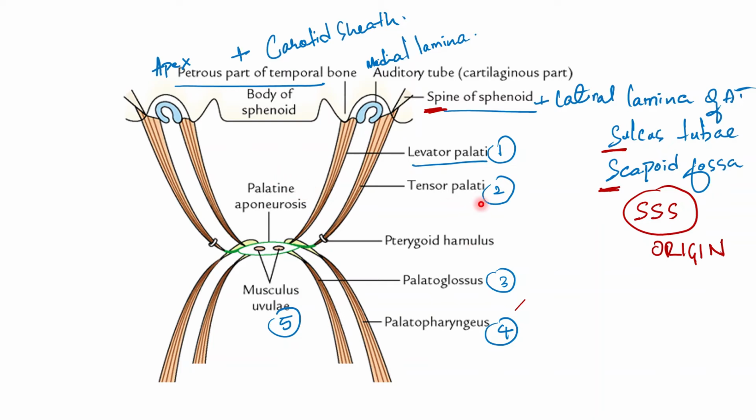The next muscle is the small muscle called the musculus uvulae. Each muscle arises from the posterior nasal spine of the hard palate.